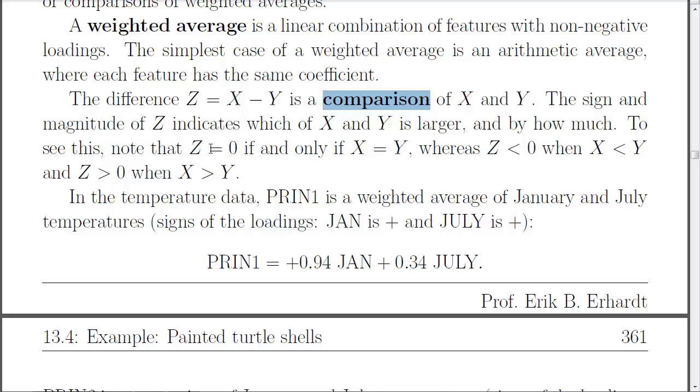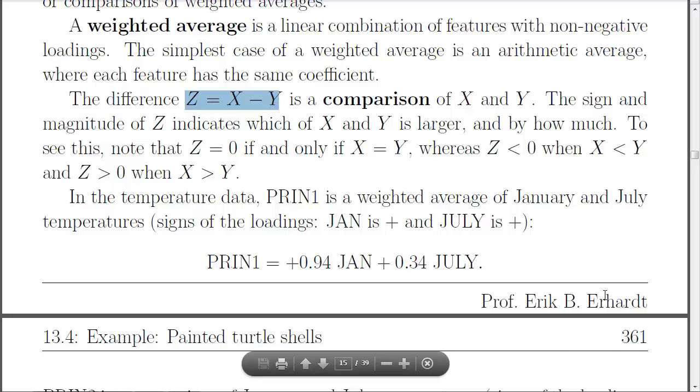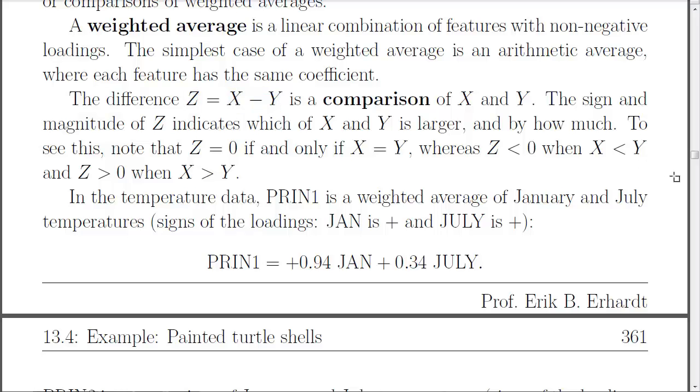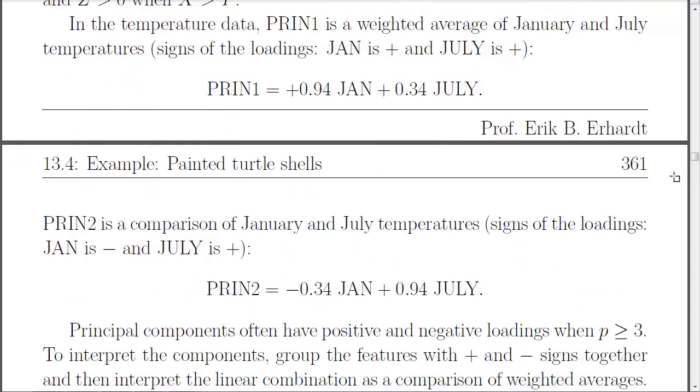So consider when z equals 0, this difference. Maybe the interesting part is that when x is greater than y, then z is positive, and when x is less than y, then z is negative. That's showing you the regions where that difference is either positive or negative. So it's representing that contrast between those two variables.